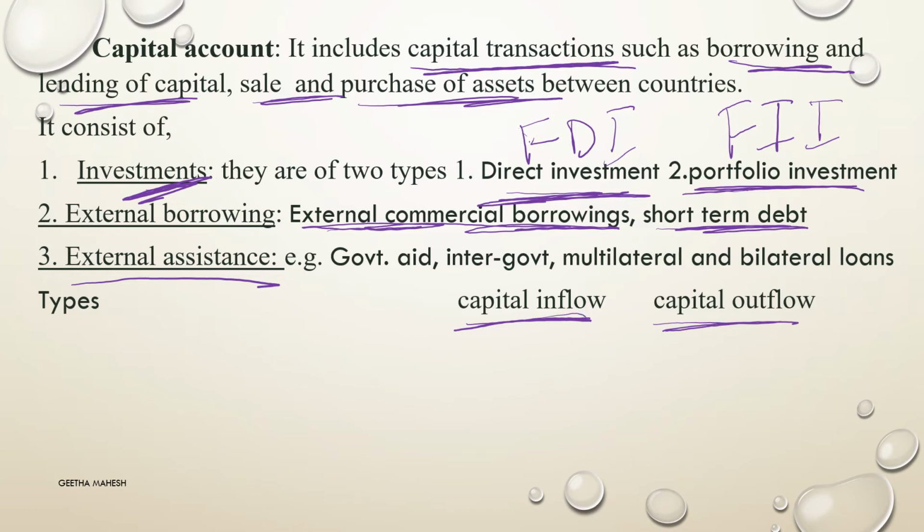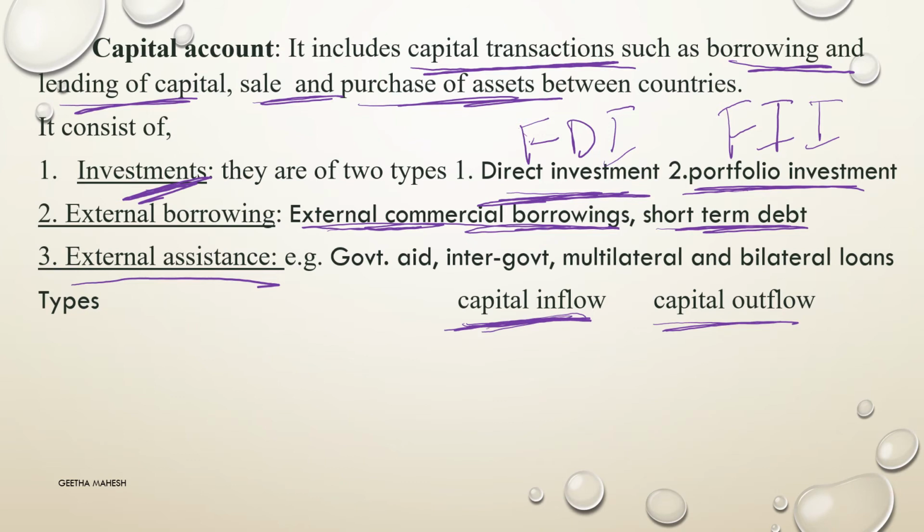Capital inflow means if you borrow from the rest of the world, the foreign currency will enter into our country. Or when you sell the securities or gold to other countries, then there will be an inflow of capital. When you sell the security or when you borrow from other country, money will enter into our country, that we call as capital inflow.